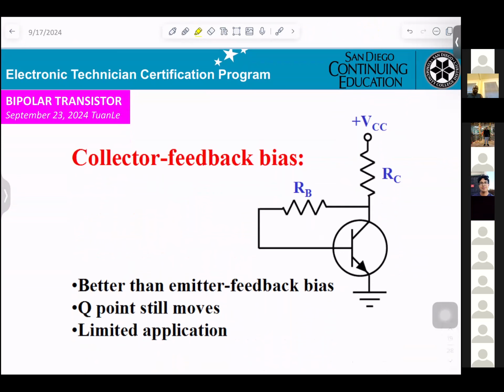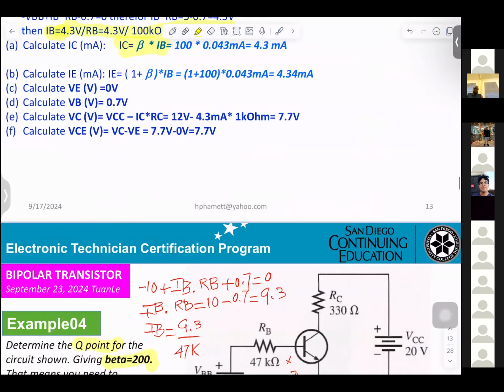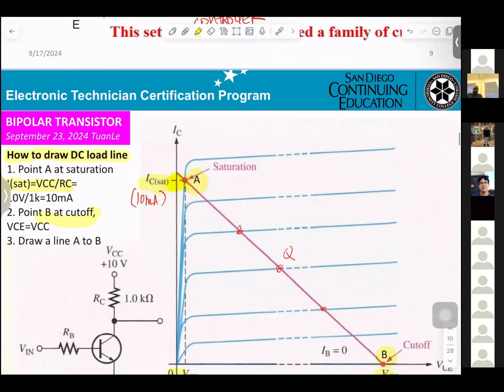Collector feedback bias. Another bias. If they connect this way, it is better than emitter feedback bias. The Q point still moves, so limited application. You understand it in general: you get the Q point here, you want that to be in the middle.